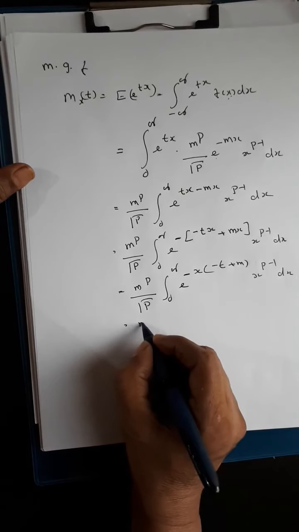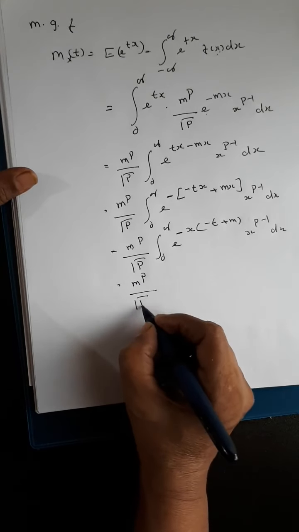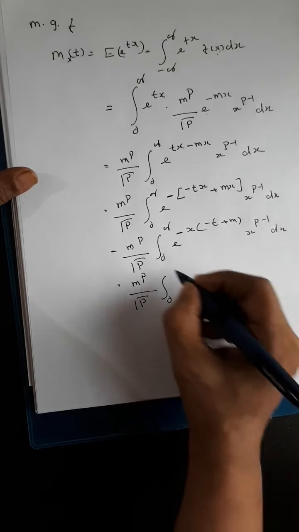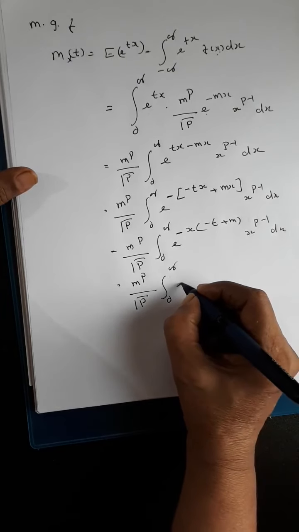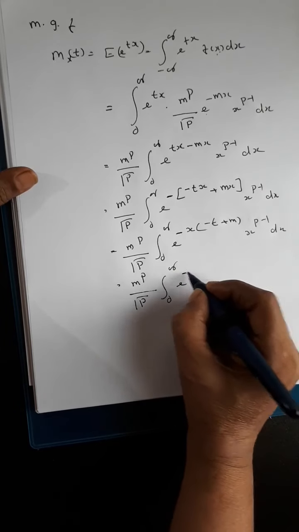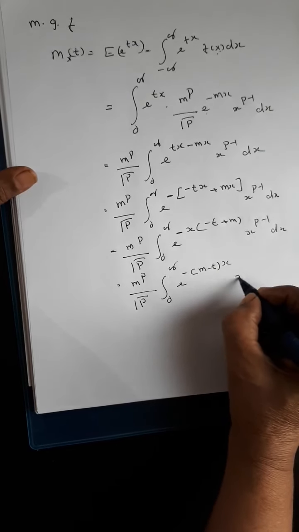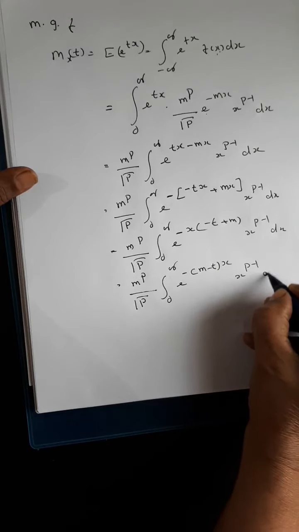That is m raised to p divided by gamma p, integral 0 to infinity e raised to minus, t plus m we will write as m minus t, x raised to p minus 1 dx.